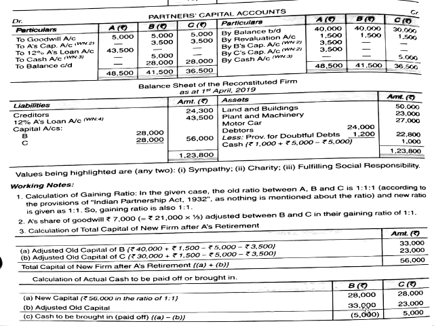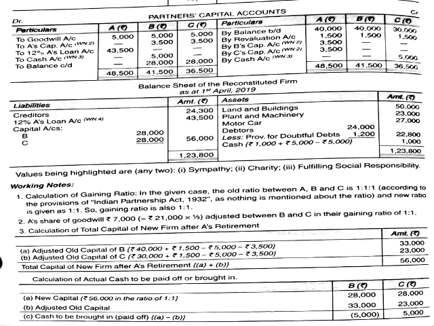Here, what is the situation? The new capital of B should be 28,000, but it is coming 33,000. It means B has an excess capital of 5,000, so he has withdrawn from the firm, so it is represented on the debit side as cash 5,000.